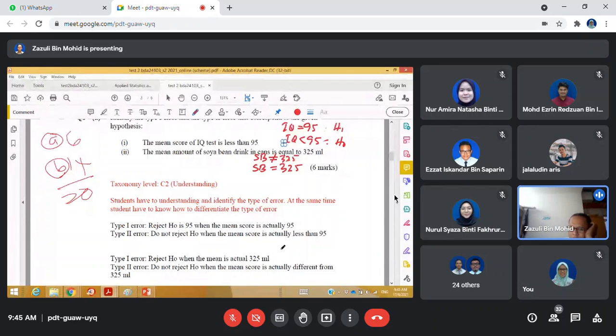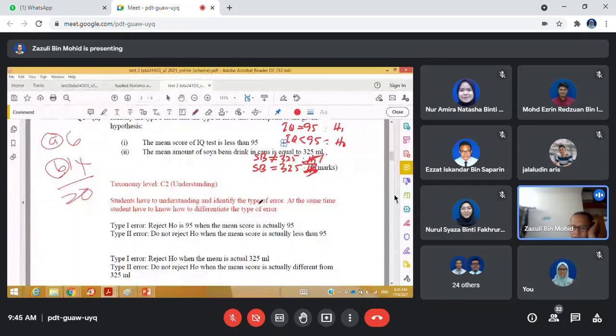So this is for the H1, and this one, reject H0 when the mean is actually 3.5. Okay. This one is for the H0 and H1. And do not reject H0 when the mean score is actually different from, sorry, this is reject H0 when the mean score is actually different.